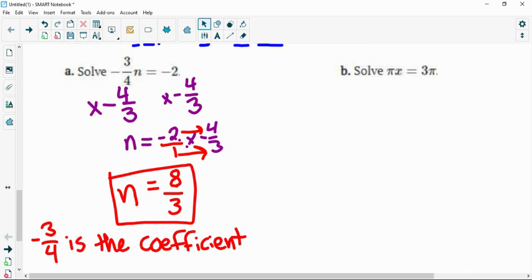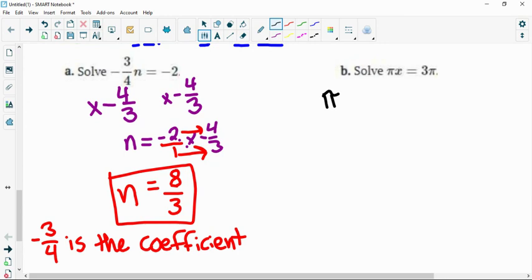One more example, and then I'll provide you with 2 questions for you to try. B. Solve pi times x equals 3 times pi.